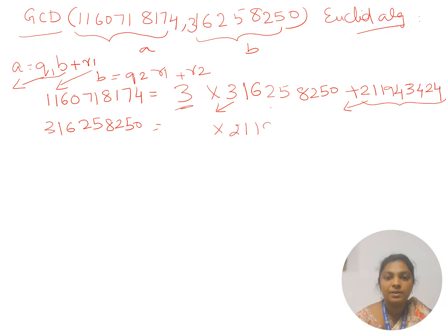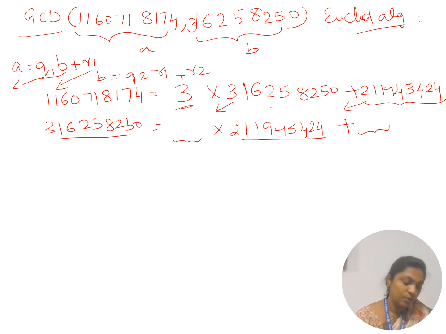211943424. So what you have to do now is divide these two numbers and you will get a quotient. The quotient you put here and the remainder you put here. So the quotient is 1. You can do it with a calculator.